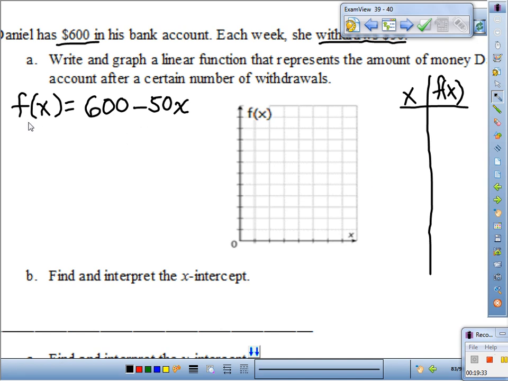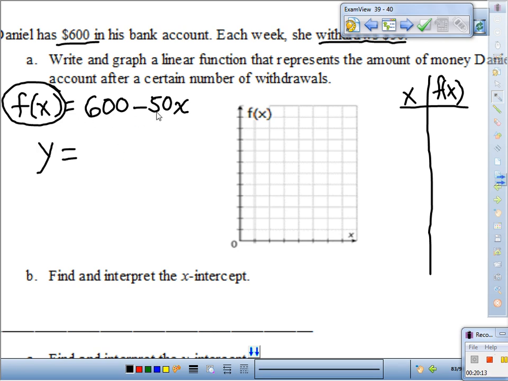Is this in slope-intercept form? What do I need to do? Look at it. Does this look like slope-intercept form? This has to be what variable? Everyone? What does this need to be? Y. How about these?